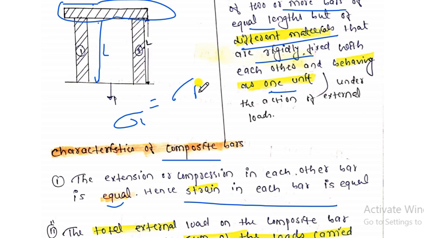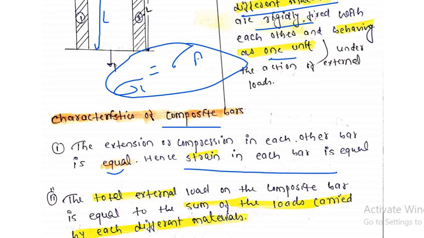So the strain in a composite bar of different materials is the same. Remember that point, it may help you in solving numericals: the strain in the composite bar of different materials is the same, whether compression or extension.